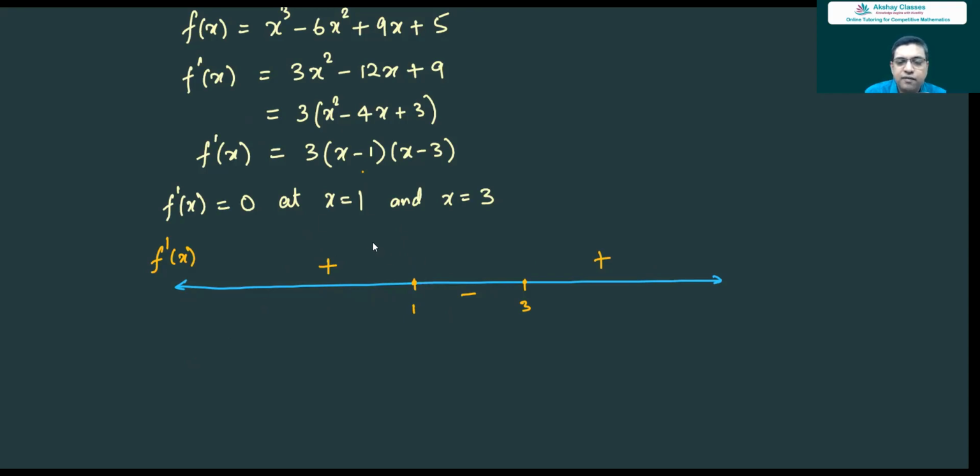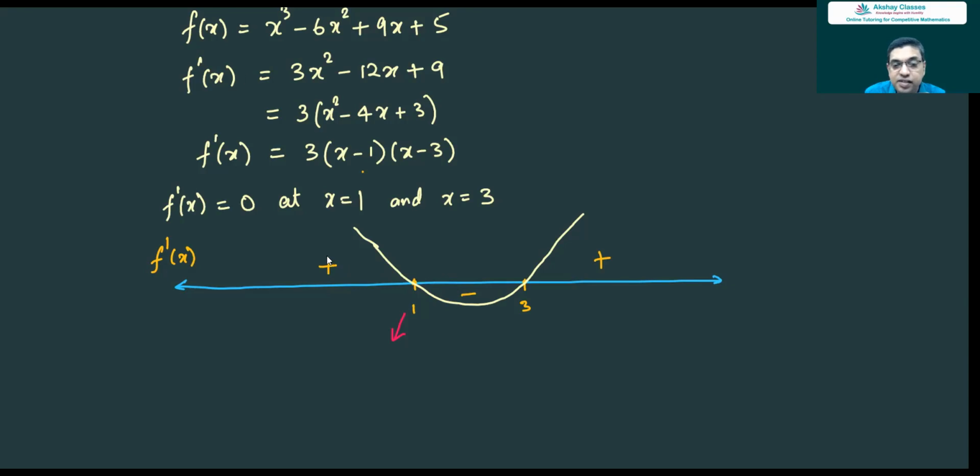So now f dash x is behaving like this. It is not f of x, it is f dash x. It's just a scheme, you don't have to draw this curve. Now at this particular point, f dash x at x equal to 1 is changing its sign from positive to negative.